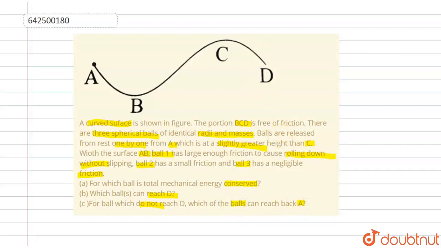So it has three parts, and one by one we solve these three parts. In the first part we will tell for which ball the total mechanical energy is conserved.